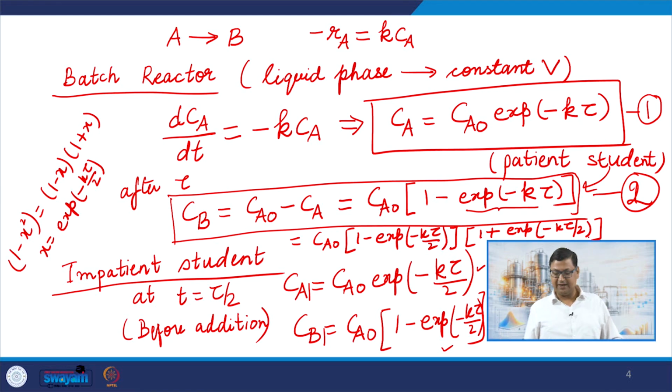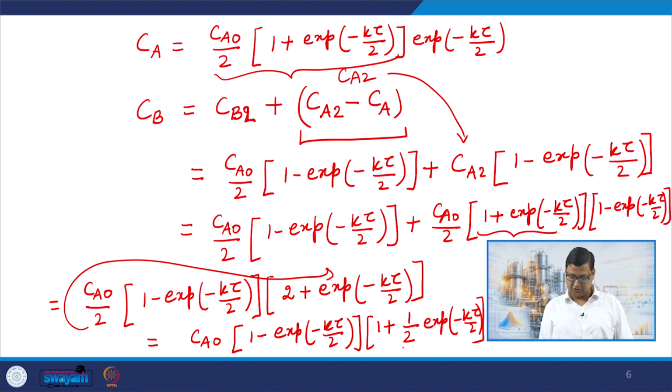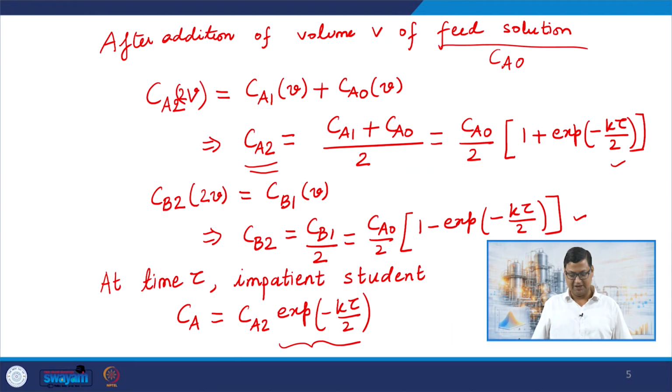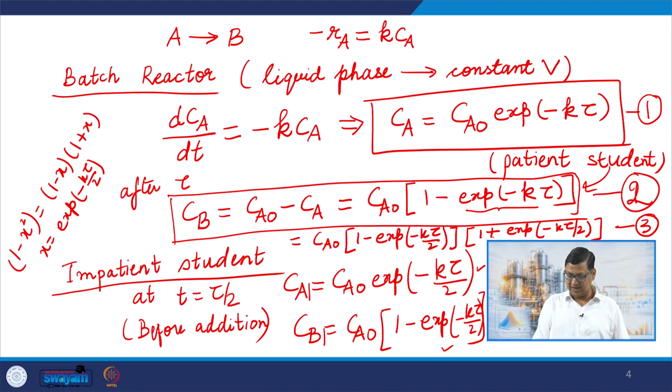Now, let us compare whatever expression that we have got here, let me call this equation 3, with whatever expression we are getting now for the impatient student, and what you see is until the first term both the expressions are the same, but in the second term we have 1 plus half of exponential of minus k tau by 2 for the impatient student, and in this case we have 1 plus exponential of minus k tau by 2 without a half here.